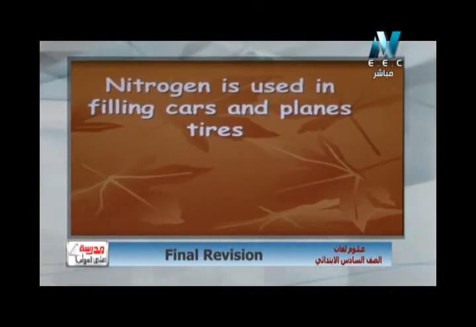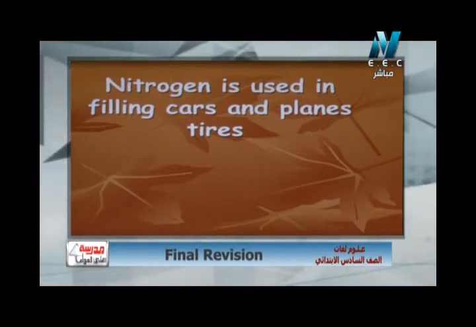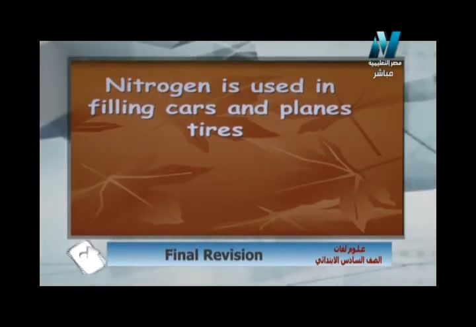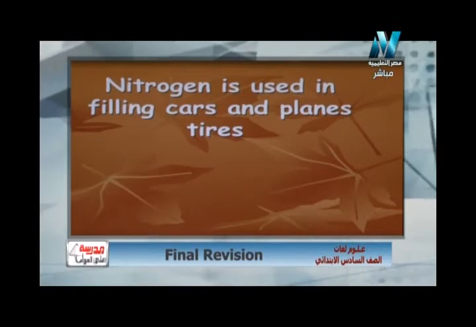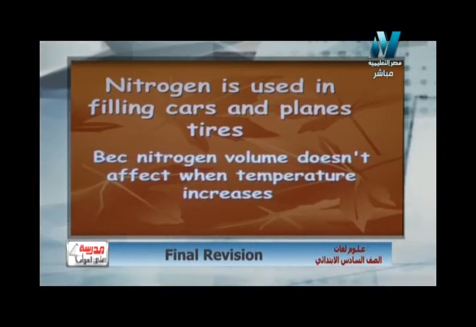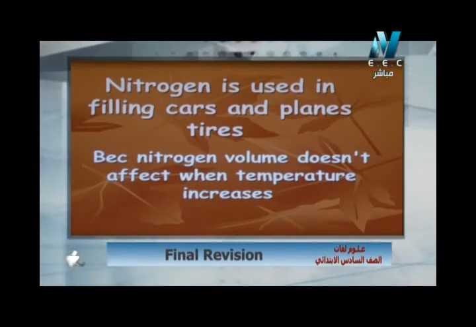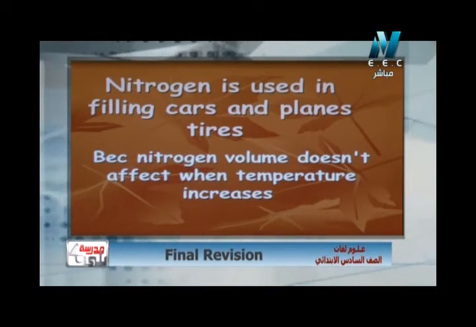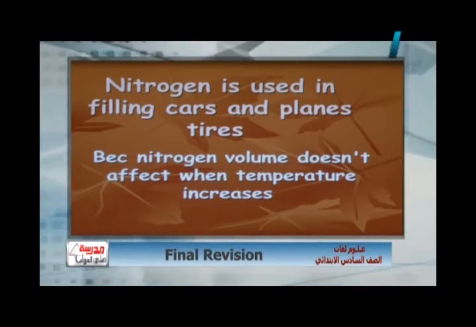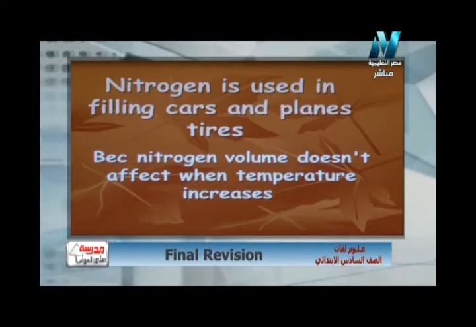Another question. Nitrogen is used in filling car and plane tires, because we know that nitrogen volume isn't affected when temperature changes. This means nitrogen gas has a constant volume no matter how the outside temperature changes.